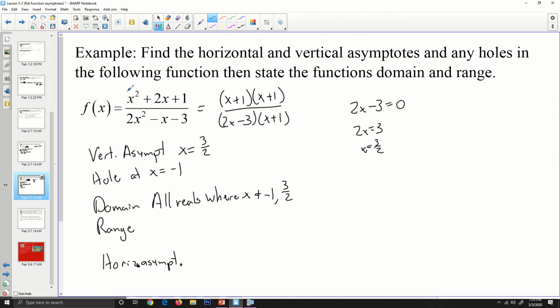So the ratio of the leading coefficients is going to be y equals, the leading coefficient of the numerator is 1, the leading coefficient of the denominator is 2, so I'll have a horizontal asymptote of y equals 1/2, and then the range will be all reals where y is not equal to 1/2, and that's my answer for that.